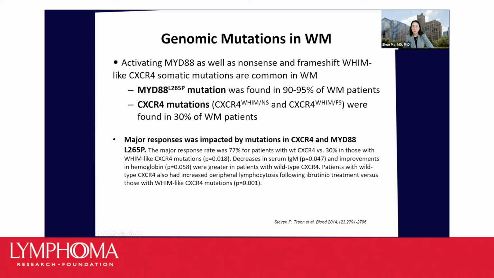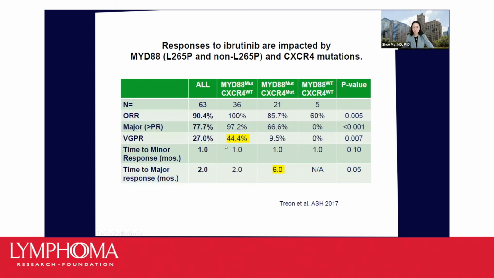In the studies I mentioned previously using ibrutinib, it has been observed that the response rate was impacted by the presence of either or both of these mutations. So here's a summary. You can see that we're dividing by all patients being treated with ibrutinib, or patients who have the MYD88 mutation only, a single mutation, and don't have the CXCR4 mutation.